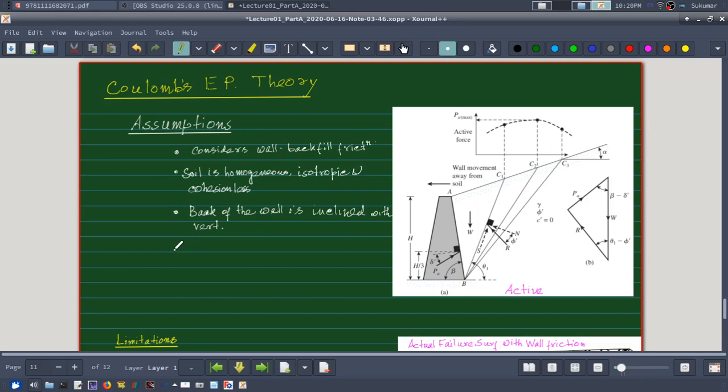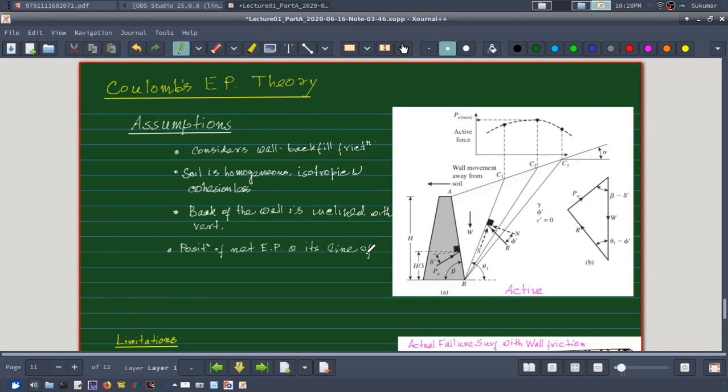Then the next assumption is that the position of net earth pressure is known. That means total earth pressure force, position and its line of action is known.